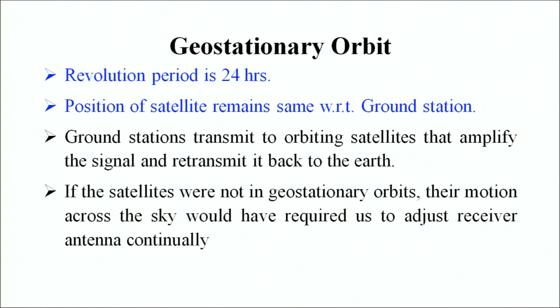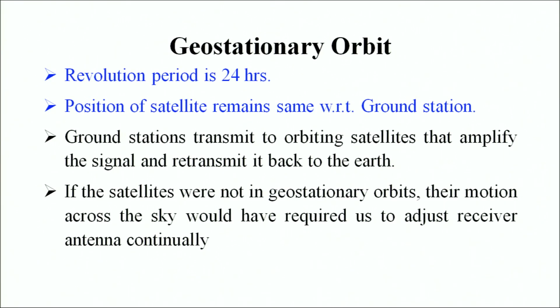This makes the position of the satellite exactly the same with respect to the ground station, which means that the satellite will always maintain the same position with respect to the earth, because as the earth rotates, the satellite also goes around with the rotation of the earth. So the revolution of the satellite and the rotation of the earth match exactly.